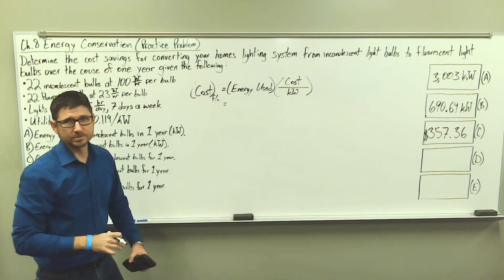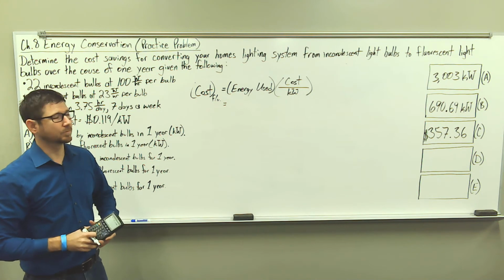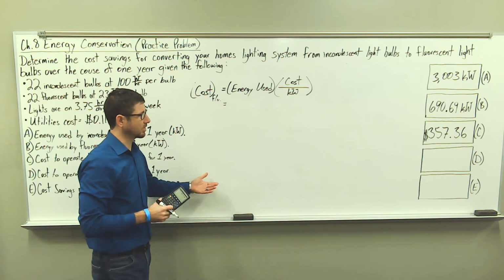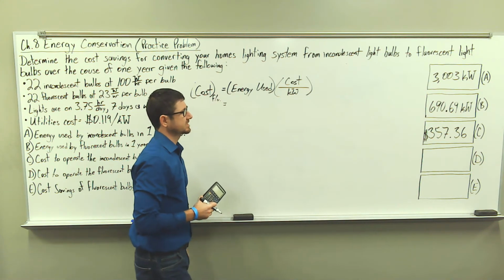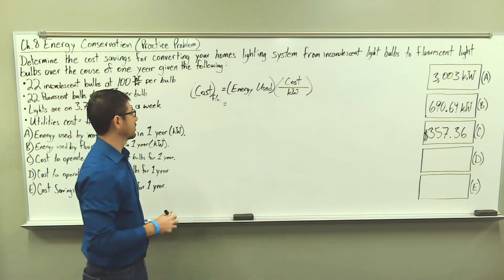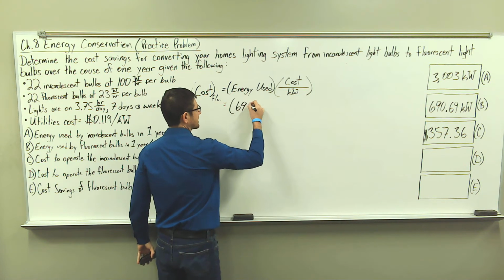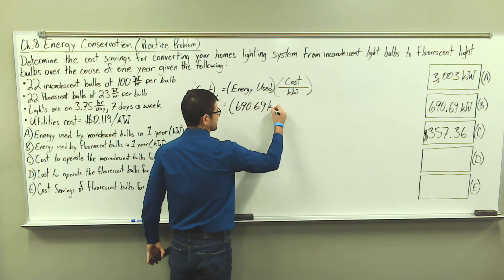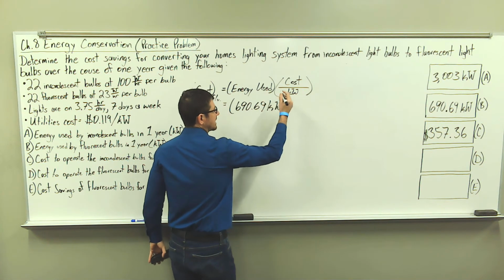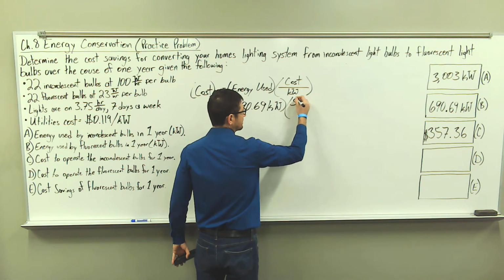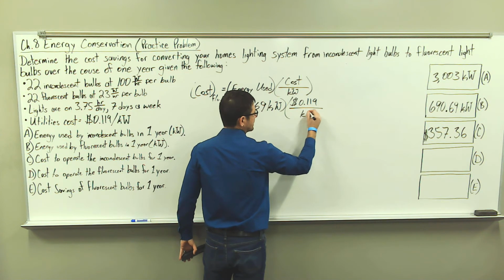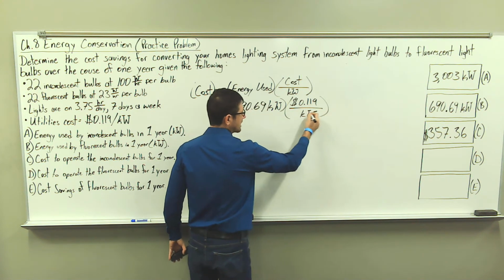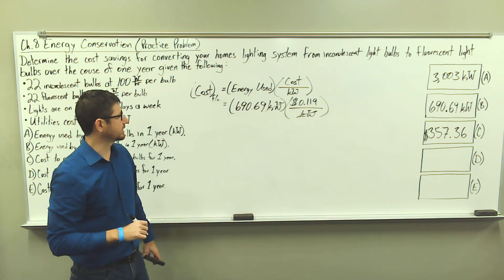Well, we know that we used much less energy when we switched to the fluorescent bulbs. And so we need to calculate this 690.69 kilowatts. And the cost is going to be 0.119 per kilowatt. My units of kilowatts are going to cancel.